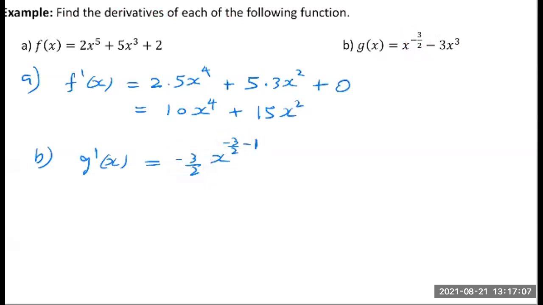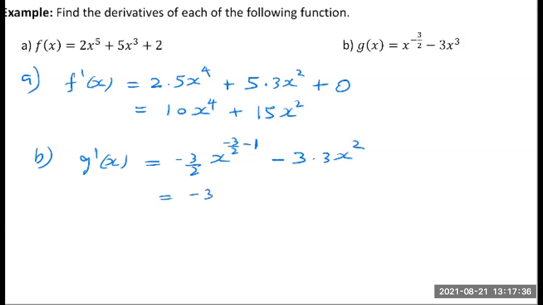And then minus here, see, 3 times x to the power 3. So 3 is a constant. I'm not going to mess with that constant. I'm going to leave that constant as it is. Minus 3 times the derivative of x to the power 3. It becomes 3 times x to the power 3 minus 1. 3 minus 1 is 2. Now I can simplify this further.